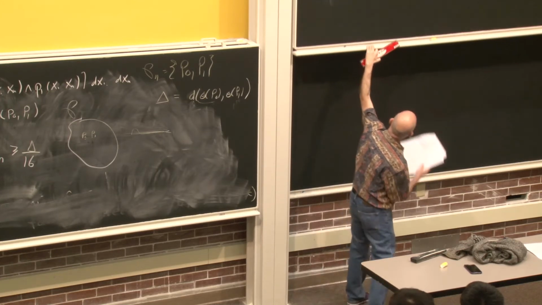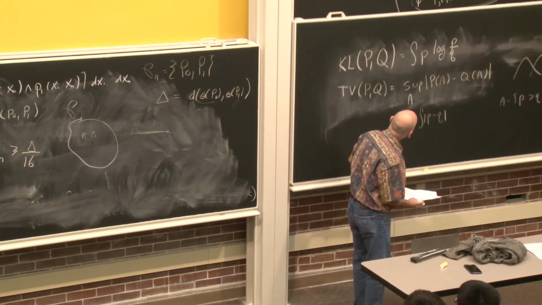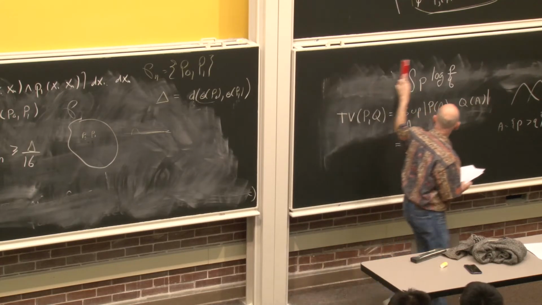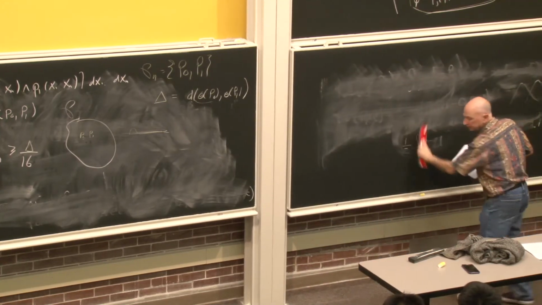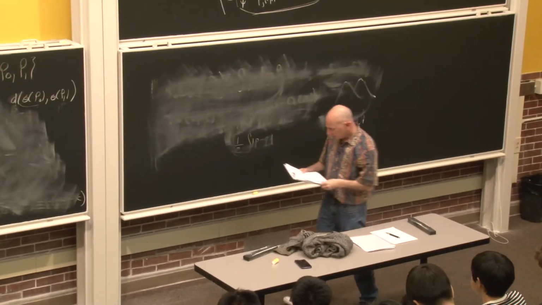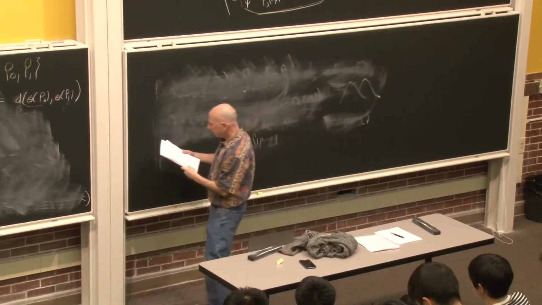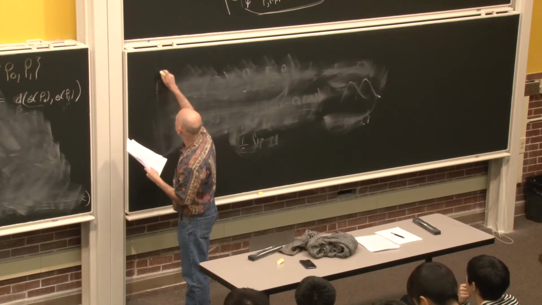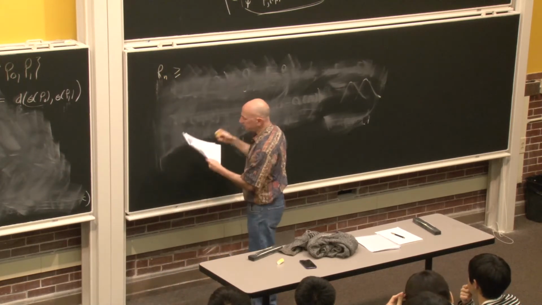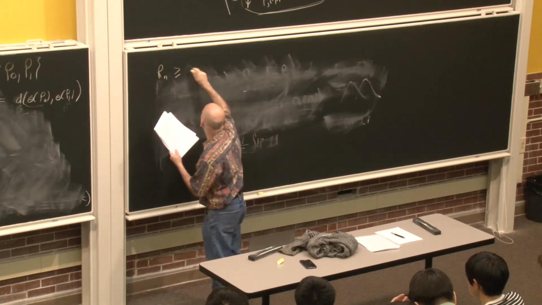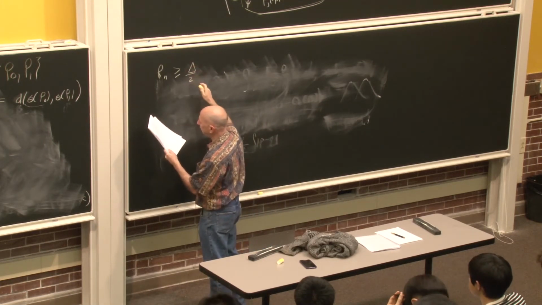I could have just referred to that. That our minimax risk, because I only have two distributions, is bigger than or equal to, and I've called it delta over 2.